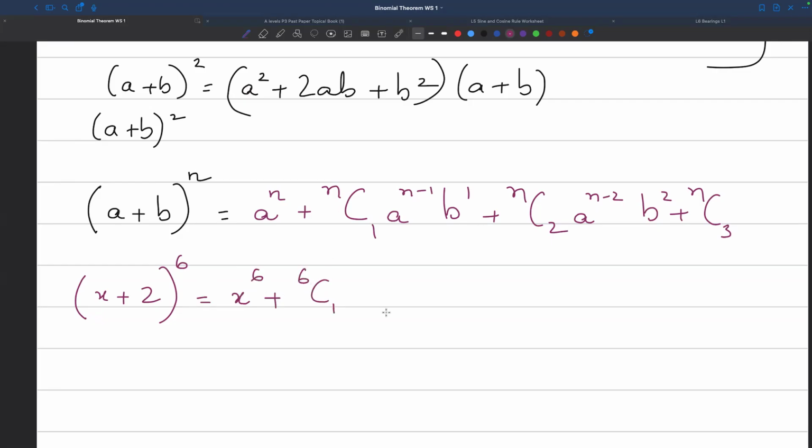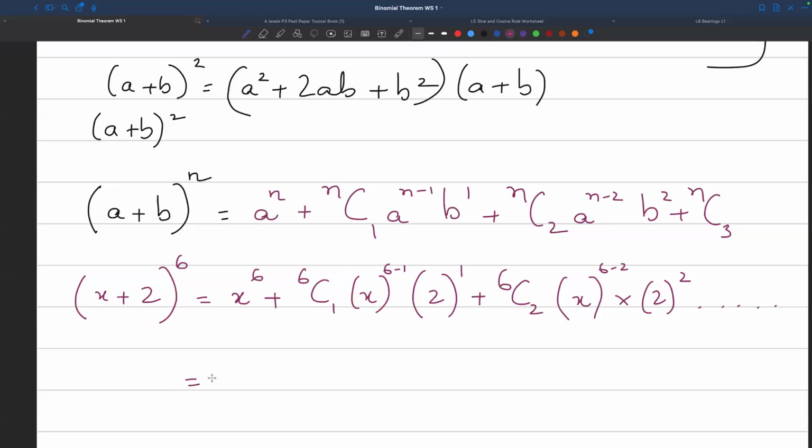So 6C1, a to the power 6 minus 1, b to the power of 1 plus 6C2, a to the power of 6 minus 2 into b to the power of 2 and so on, okay? So 6C1, कैलकुलेटर तो मुझे ये फ्राई हो गया, क्या हो गया? लो इसका कैलकुलेटर.